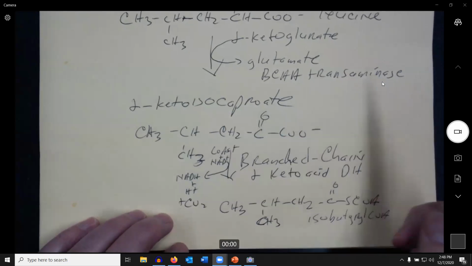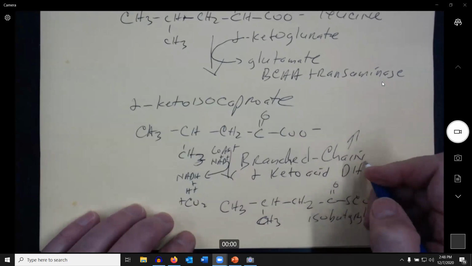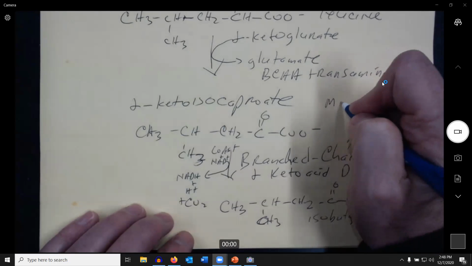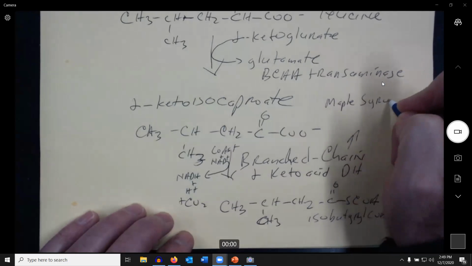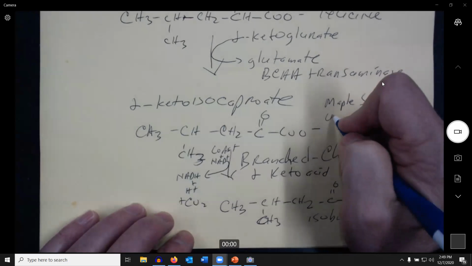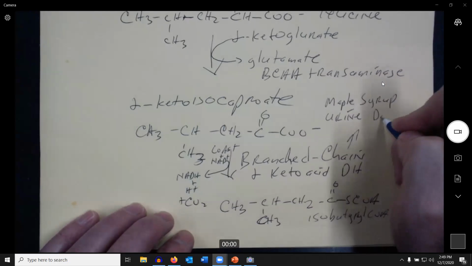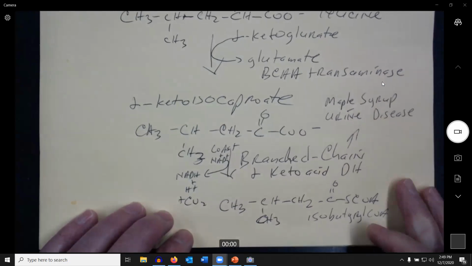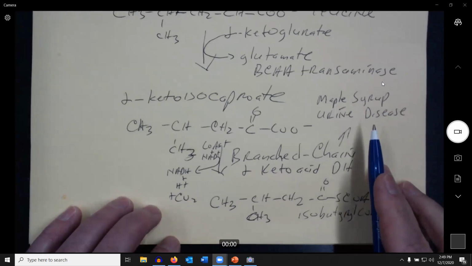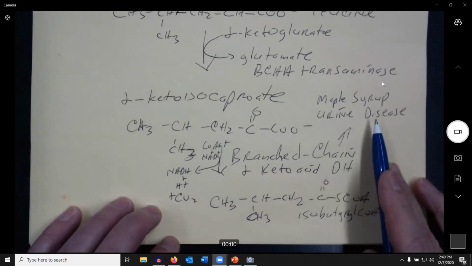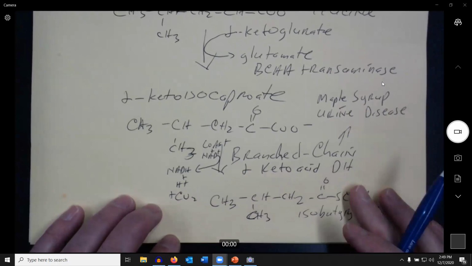And because it's thick, mutations in this will cause a genetic disease called maple syrup urine disease. I don't name them, I just report them. I would never think of naming a genetic disease this. Maple syrup urine disease. And maple syrup urine disease is a genetic disease that causes death rather early in life.